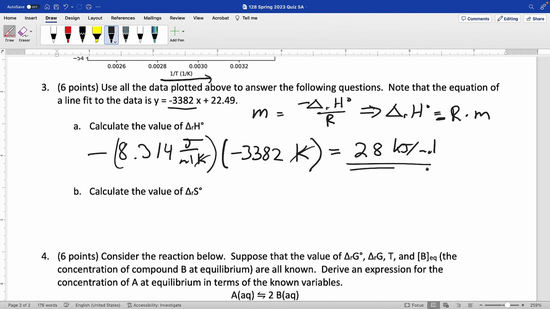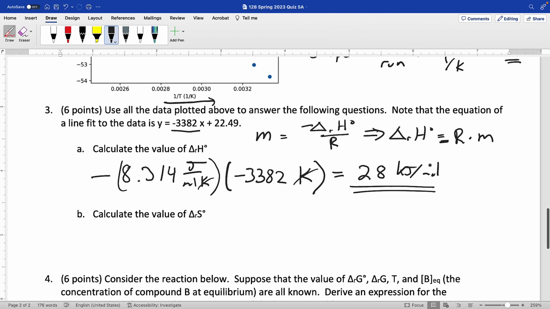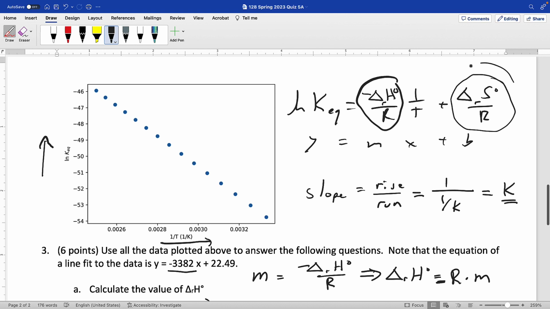Okay, now delta S. To figure out delta S, we look at this work we did up here.